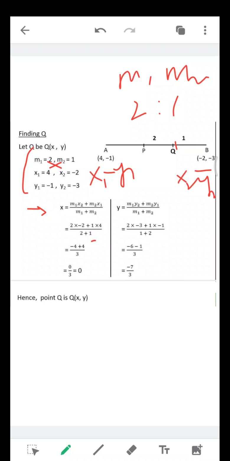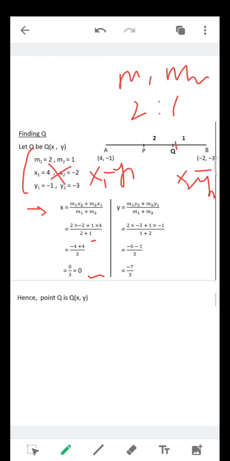So -4 plus 4 by 3 is 0. This is done. Then we'll come to y: m1 into y2 is 2 into -3, and m2 into y1 is 1 into -1.